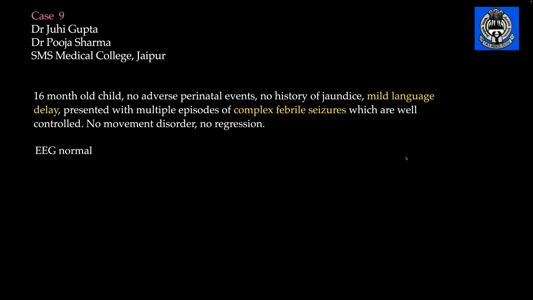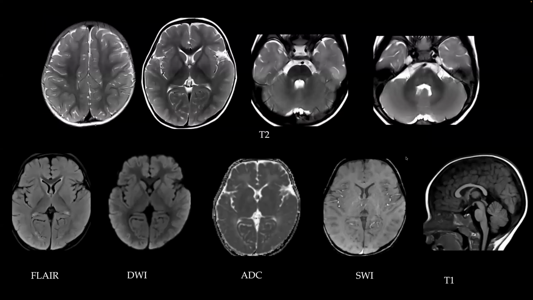16 months, mild language delay, complex febrile seizures, and this is the MR. On the T2 axial sequences, the medial areas of globus pallidus are slightly hyperintense for a 16-month-old child. No malformations, no structural malformations.